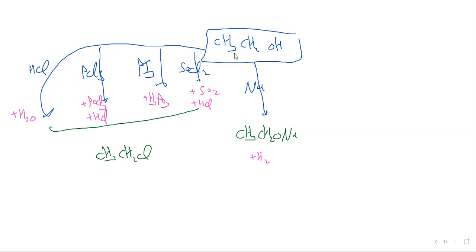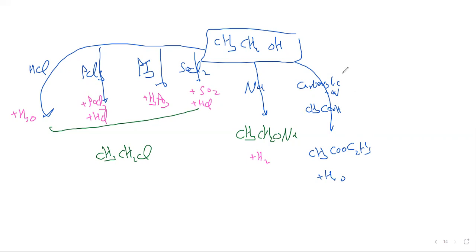Then the reaction with carboxylic acids, like ethanoic acid, CH3COOH. You will find that it will produce ester, CH3COOC2H5 plus H2O.